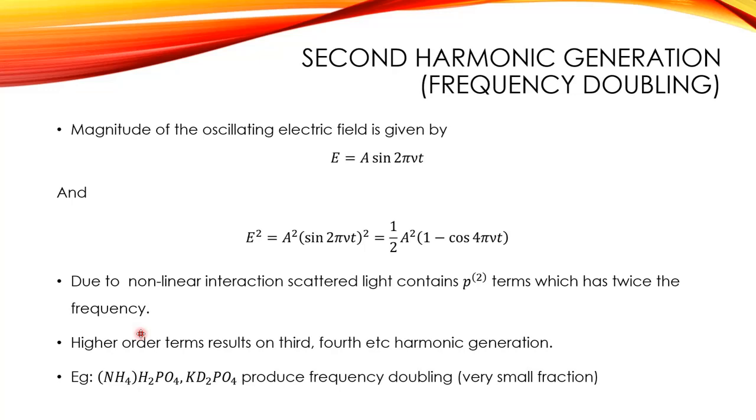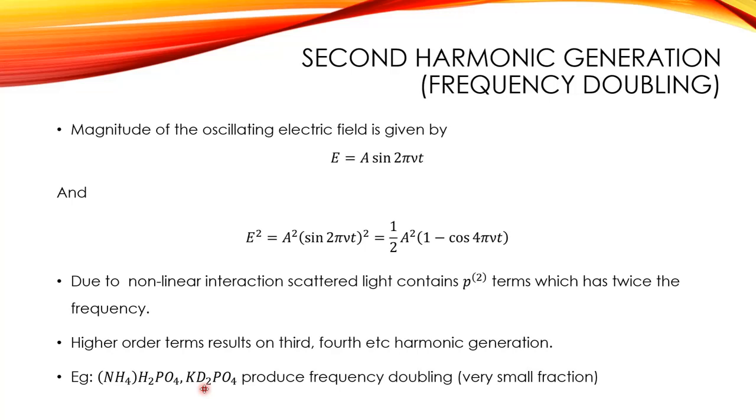There are several pure crystalline materials which are used for frequency doubling. For example, ammonium dihydrogen phosphate or potassium dideuterium phosphate, etc. are materials suitable for incident radiation for a limited wavelength range in the visible radiation.